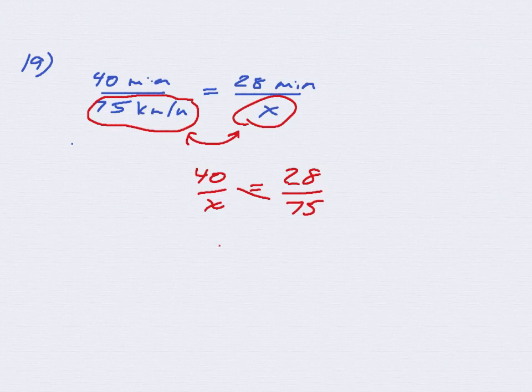And you would get an answer of 107.1. And you round the nearest tenths. And that's a speed, so it would be kilometers an hour. The key to the question is recognizing that if the time went down, the speed had to go up to get you from A to B faster.